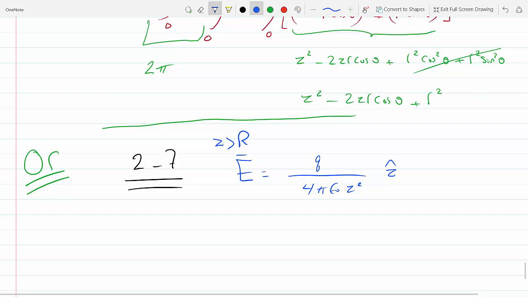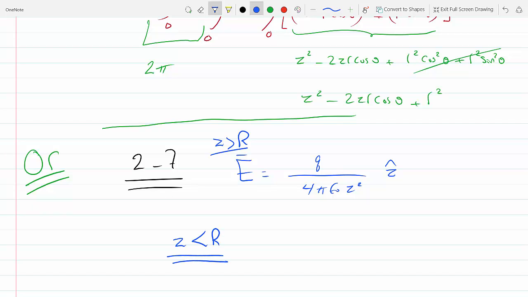This is from problem 2.7, and for z a lot less than r, we worked this problem out. If you remember, I worked this problem out with you. The integral was a little bit tricky, but we did do it. So the electric field turned out to be 0 if you're on the inside of the sphere.